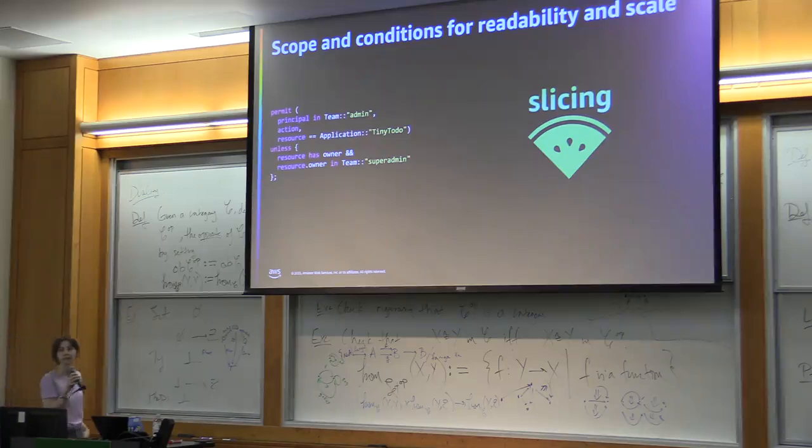Yes? So if you have multiple scopes within your policy, does that mean it translates into multiple queries? How the slicing algorithm actually works is it looks at the request only. So the request tells you who the principal is and who the resource is, okay? And you know who the ancestors are of the principal and the resource.